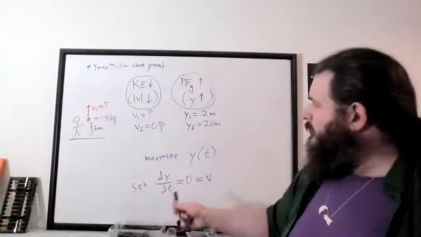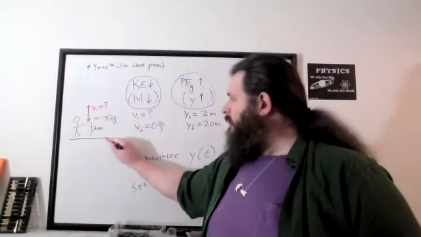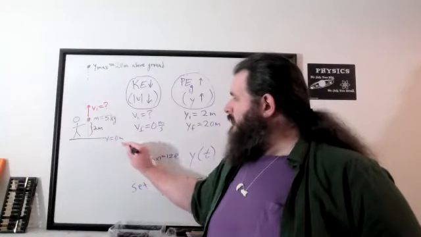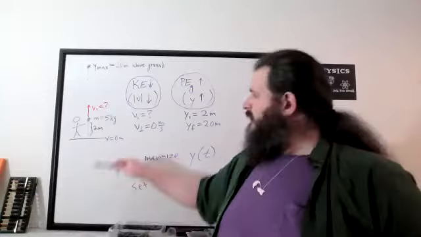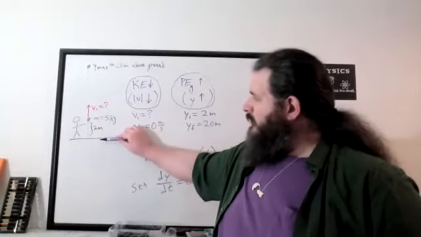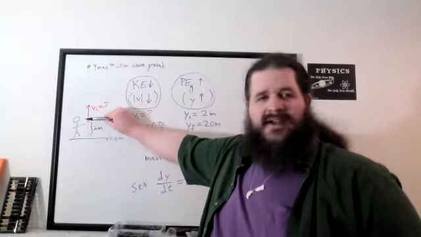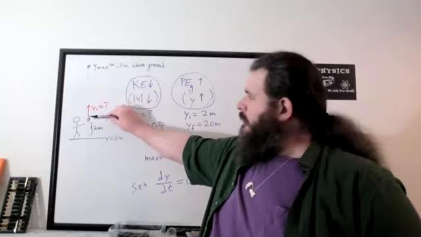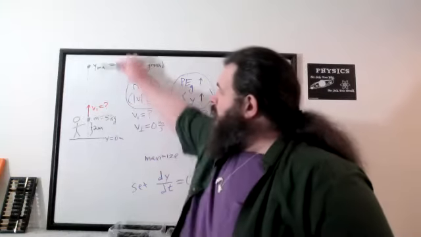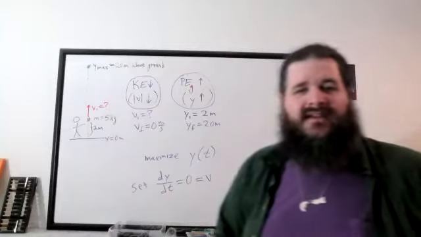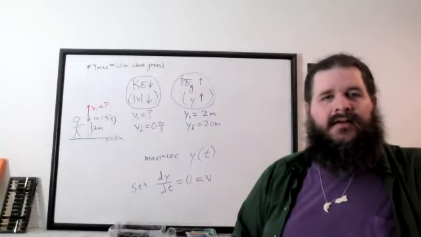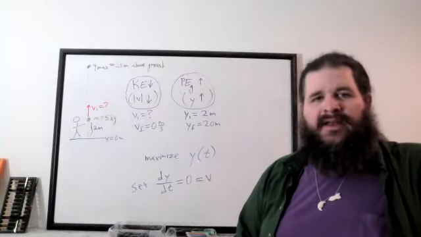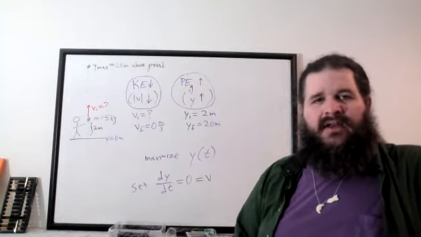By the way, there's no reason we have to call ground level y equals 0. It's often convenient to do so, but you could call, for instance, the initial location of the ball y equals 0. So you could say y initial is 0, and then y final would be 18, because that's 18 meters above that location. All these heights are really just relative to whatever coordinate system we're using.